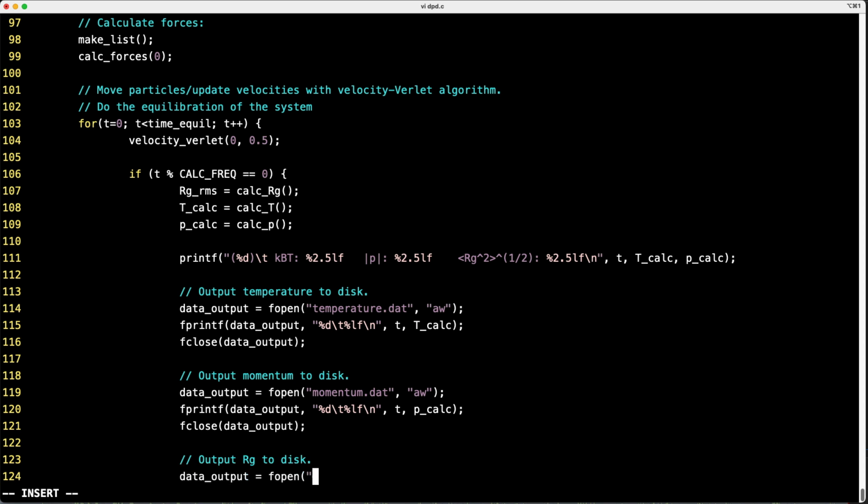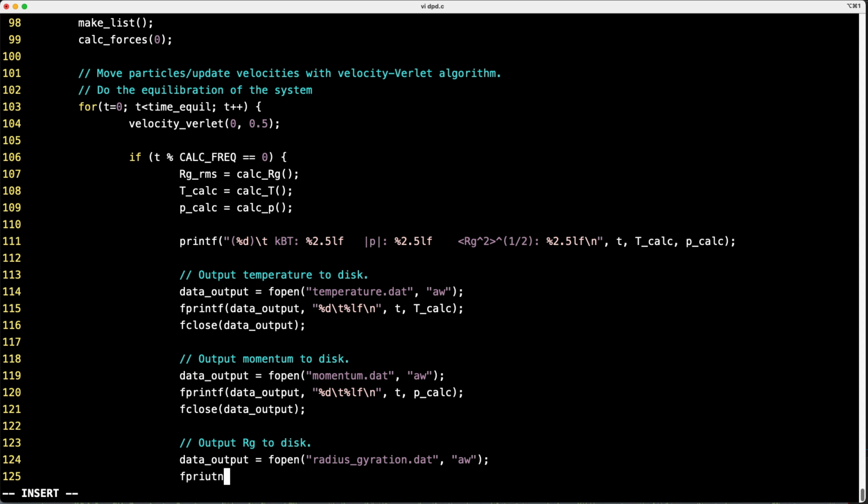So let's do this. Radius gyration. And we will append to it data output. And I'm writing out more or less the full precision here. So this is T and this is RGRMS.